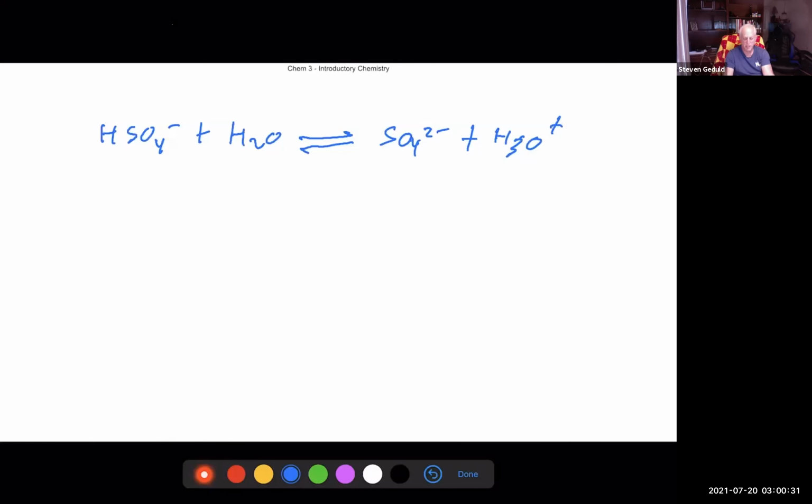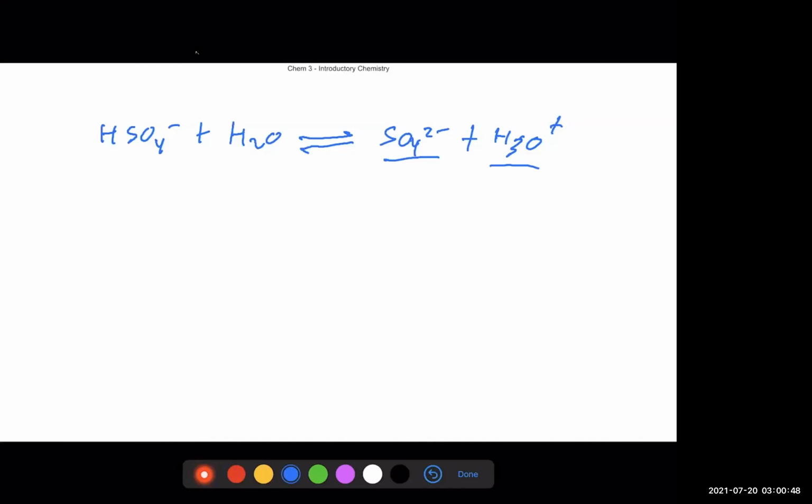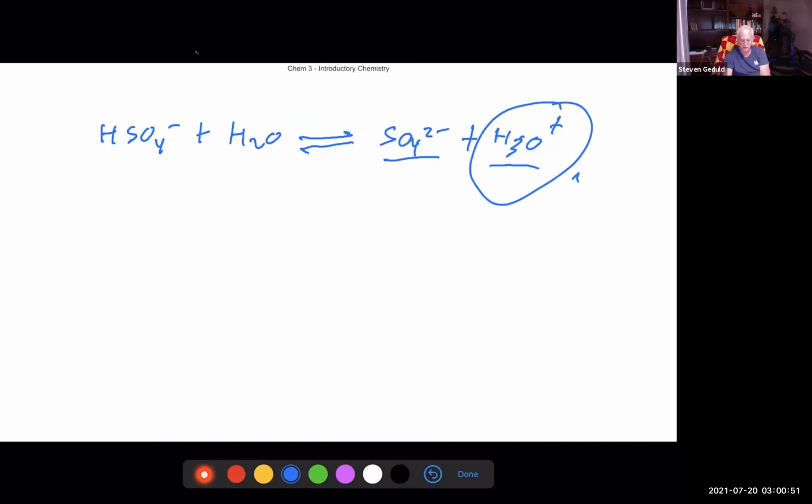Conjugate means reverse reaction. So look at the reverse reaction. What is the conjugate acid? Which one is the acid, SO4 2 minus or H3O plus? Which one donates a proton, gives an H plus to the other one? The H3O plus is the acid. This is your conjugate acid.